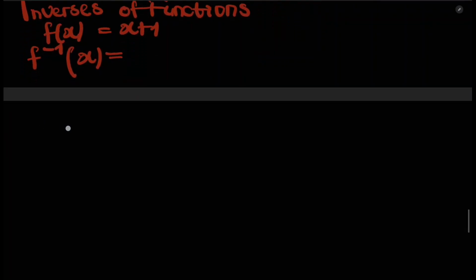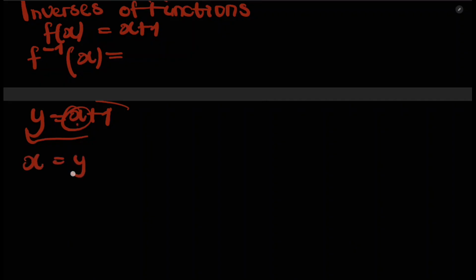To look for the inverse of this function, we're going to take a certain y and equate it to x plus 1. Okay, from here we are going to make x the subject of the formula. So we're going to have x equal to y minus 1.